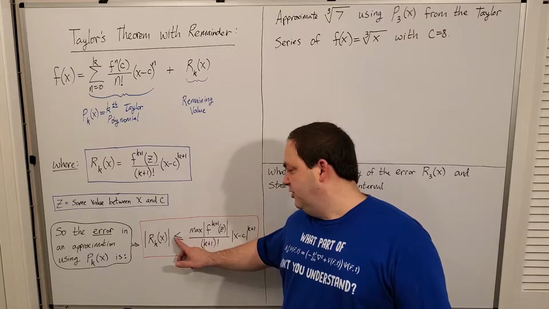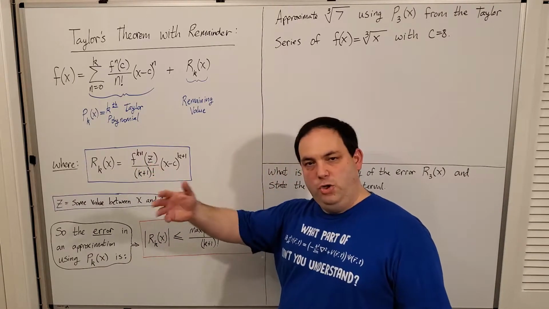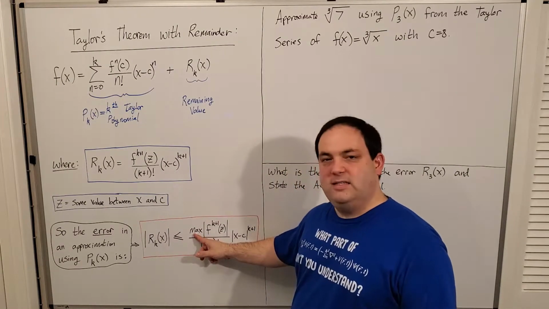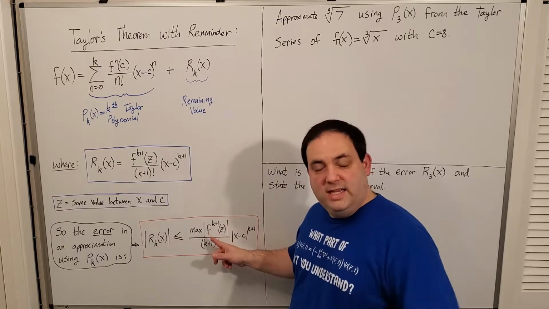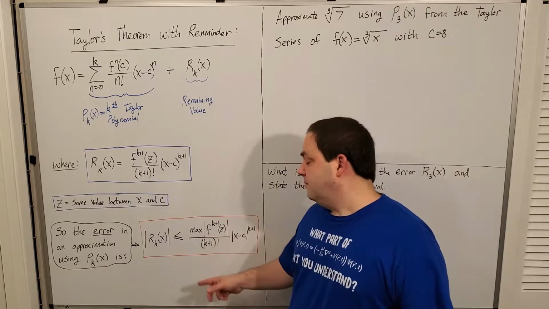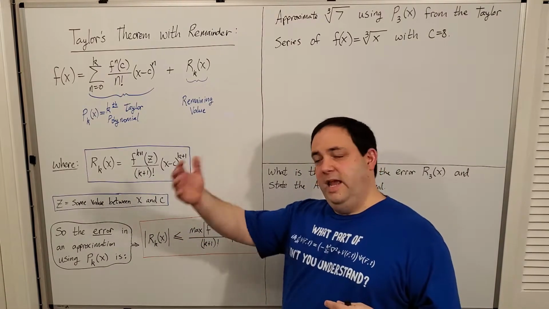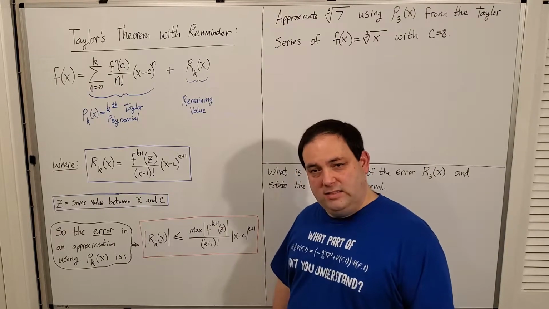And that's why this changes to a less than. Because my actual remainder is just some value in between x and c, right? Whereas I'm picking the maximum. So either I'm equal because my z already is the maximum, or I'm going to be less because whatever z I picked gave out something less. More than likely it's the less.